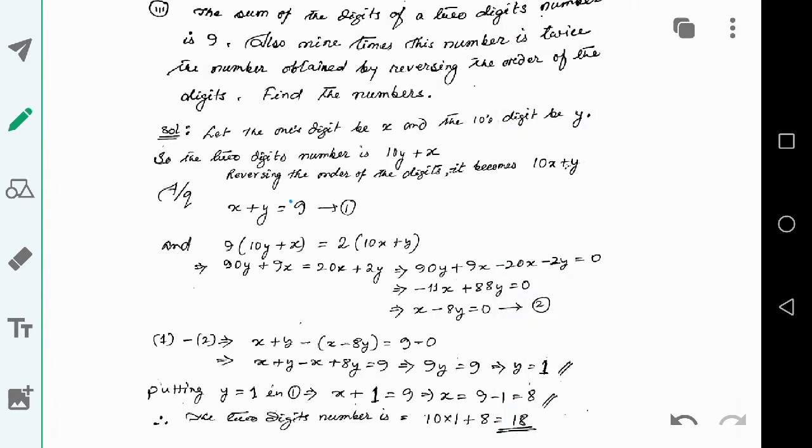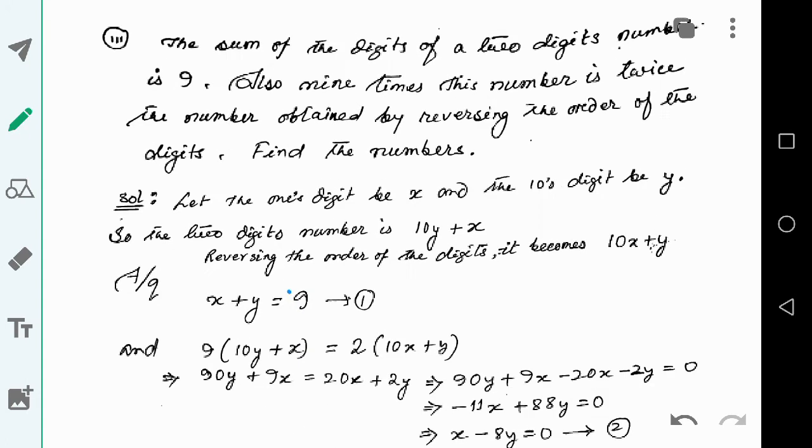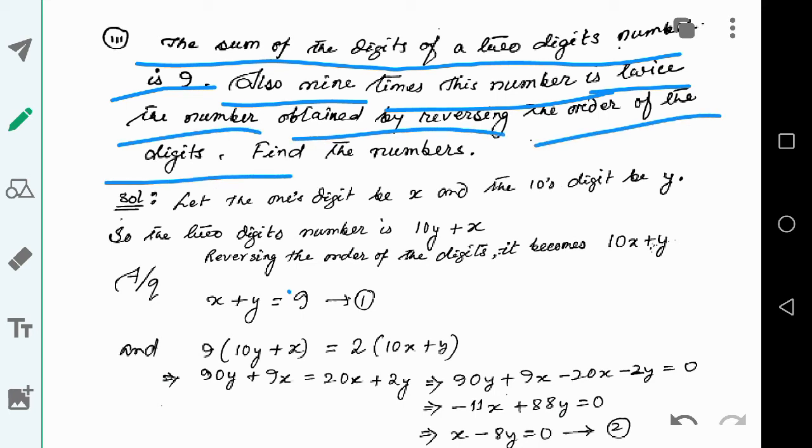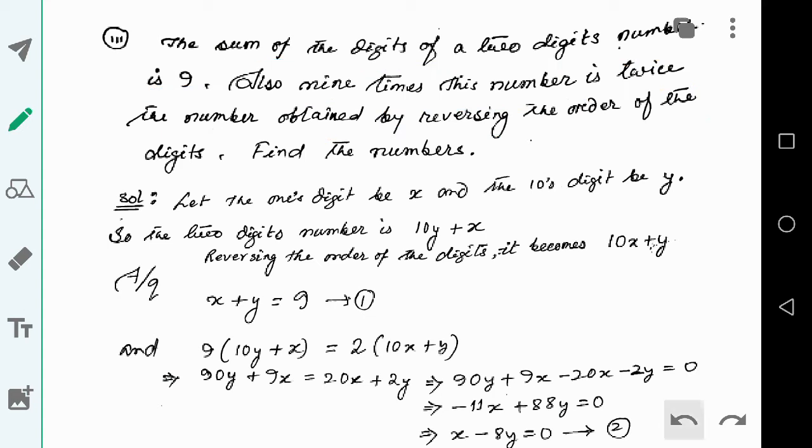So here you see, the sum of the digits of a 2-digit number is 9. Also, 9 times the number is twice the number obtained by reversing the order of the digits. Find the number. So let us consider x to be the ones digit and y to be the tens digit.